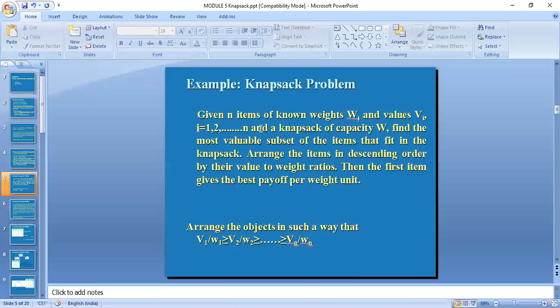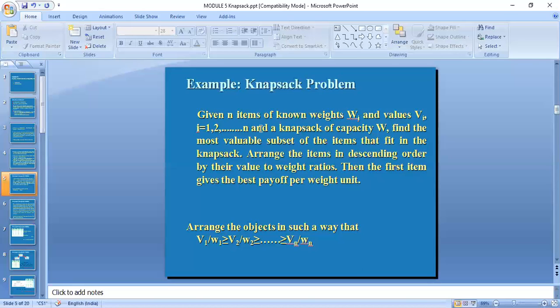For example, consider the courier service where you are getting different parcels from different customers. When you get 5 different packets, you need to put them in a container which will take only 100 tons at maximum. So you will be measuring each packet and choosing the packets.